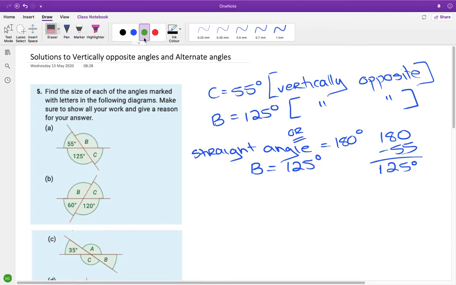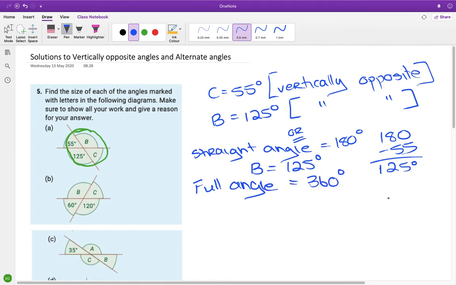Or you could talk about the fact that you have a full angle. So a full angle is 360 degrees. If you add up 55, and we know now that B is 125, and the other 125, you get 305.